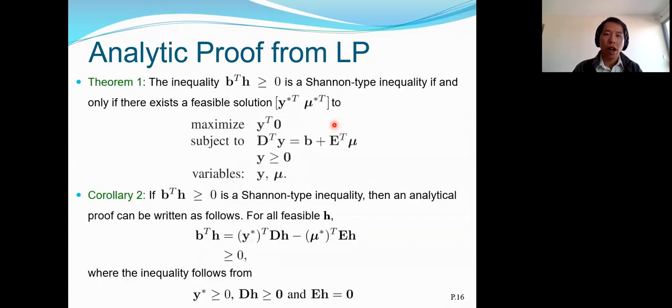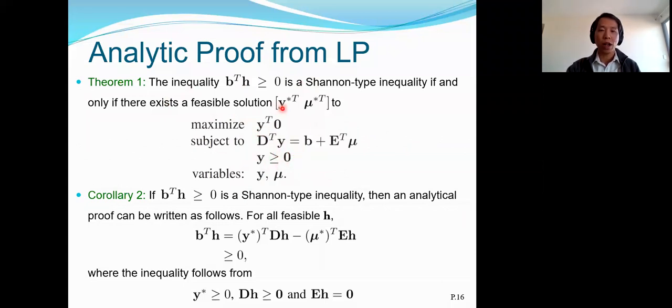So why this is important, I mean, how can we get the analytical proof from this linear program, is due to the following theorem. Suppose an inequality is Shannon type, that is, it is true, if and only if there exists a feasible solution, Y star and mu star, which are solutions to the linear program we have seen on the last page.